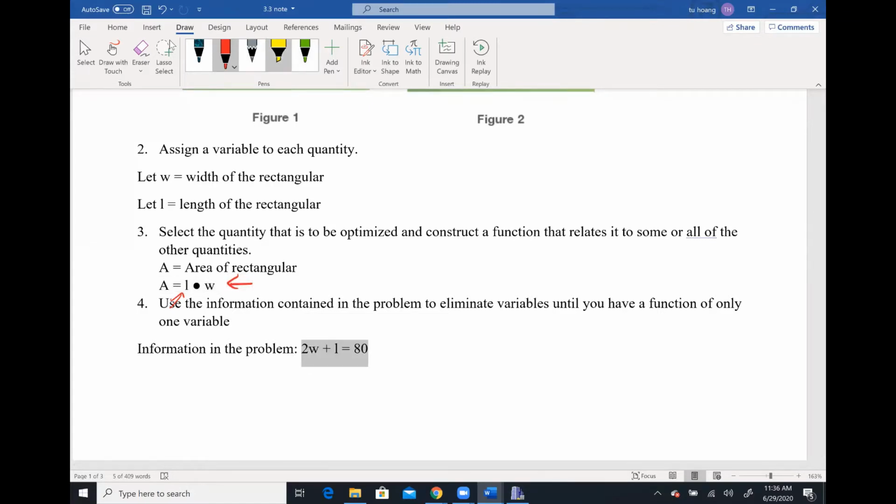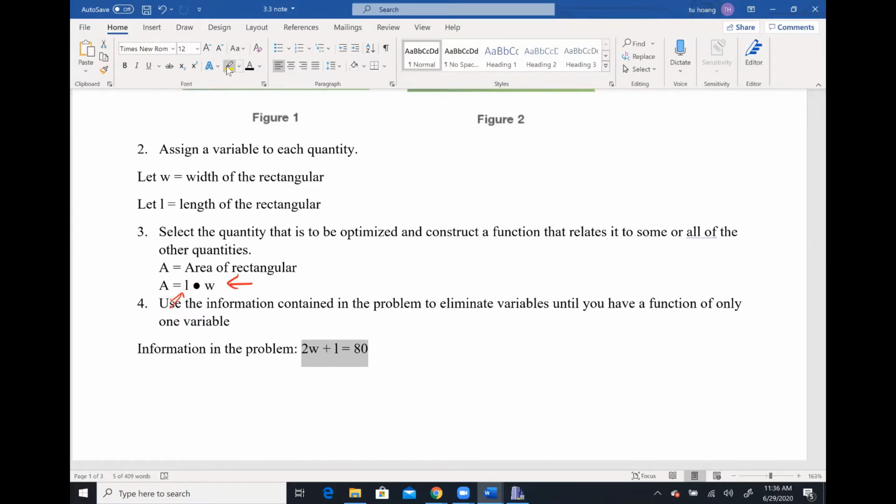Okay, so what I do is, you're gonna choose either L or W. I'm gonna choose L to eliminate. Since I choose L, I want to solve for L in terms of W. I'm gonna subtract 2W from both sides of this equation, and then I have L equal to 80 minus 2W.